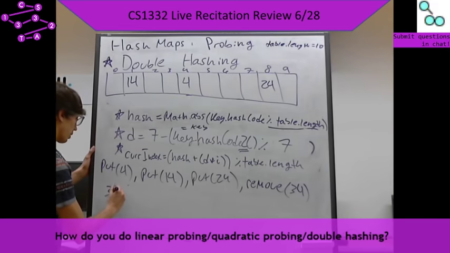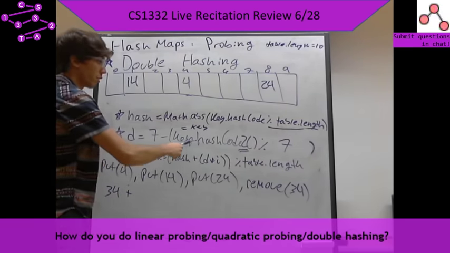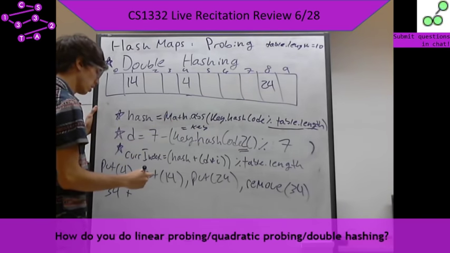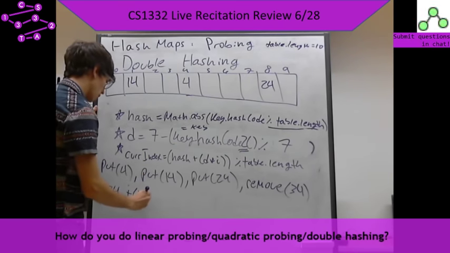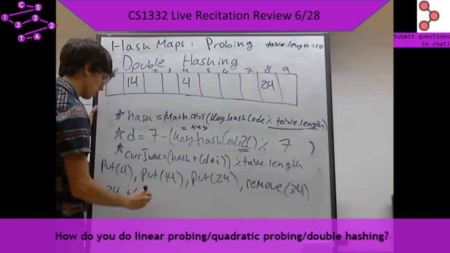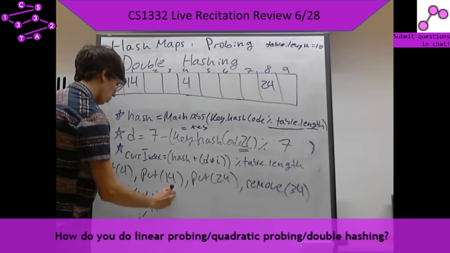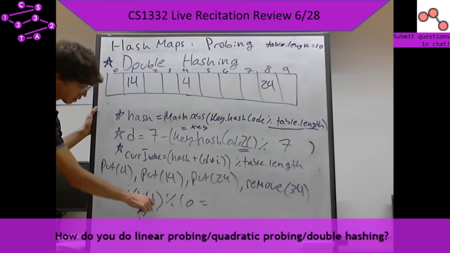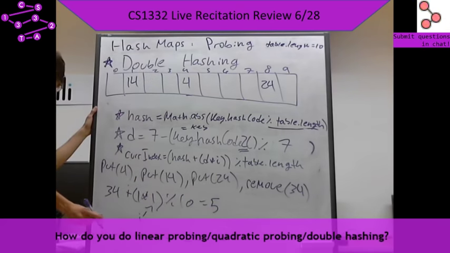In this case, we're now going to have 34 plus 34 mod 7 is 6. So 7 minus 6 is 1, right? And we're going to multiply this by I. We'll mod this whole thing by 10. And we'll end up with 34 plus 1, 35 mod 10, which is 5.